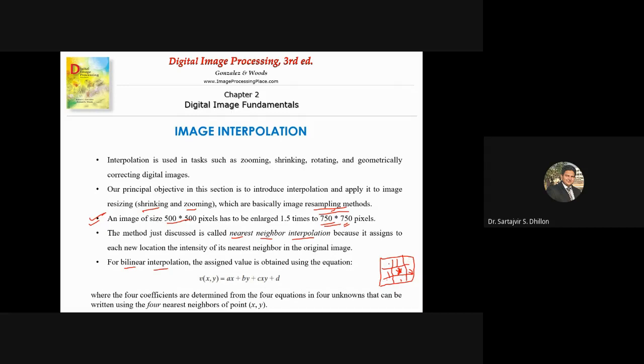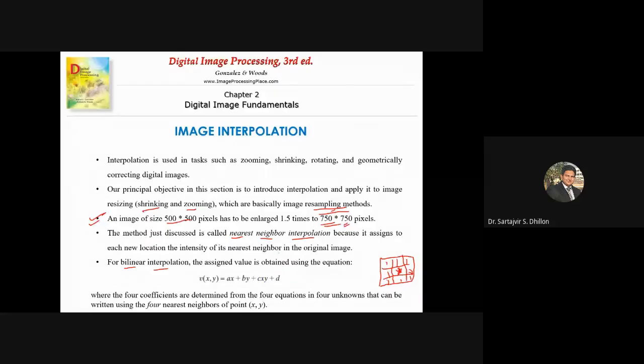We can also consider the diagonal sides. There are two methods: the vertical-horizontal one, and the second one is diagonal. You can use the diagonal nearest neighbor pixels to estimate the intensity of a given pixel.